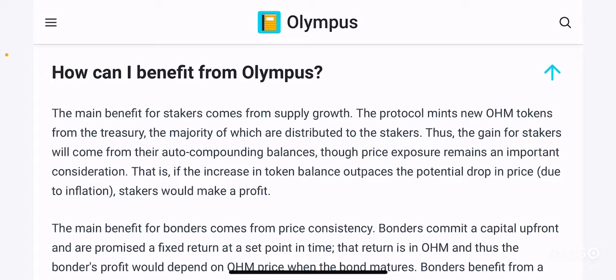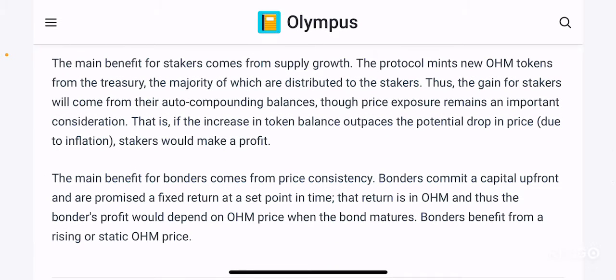So if you're asking, okay, so there is this platform that has staking and bonding, so it's just like any other DeFi platform. How is it benefiting me? If that's your question, then this section answers that. The main benefit for stakers comes from supply growth. So again, if you are trying to stake, then you basically get the supply growth, which means you get new tokens provided to you from the token supply, right?